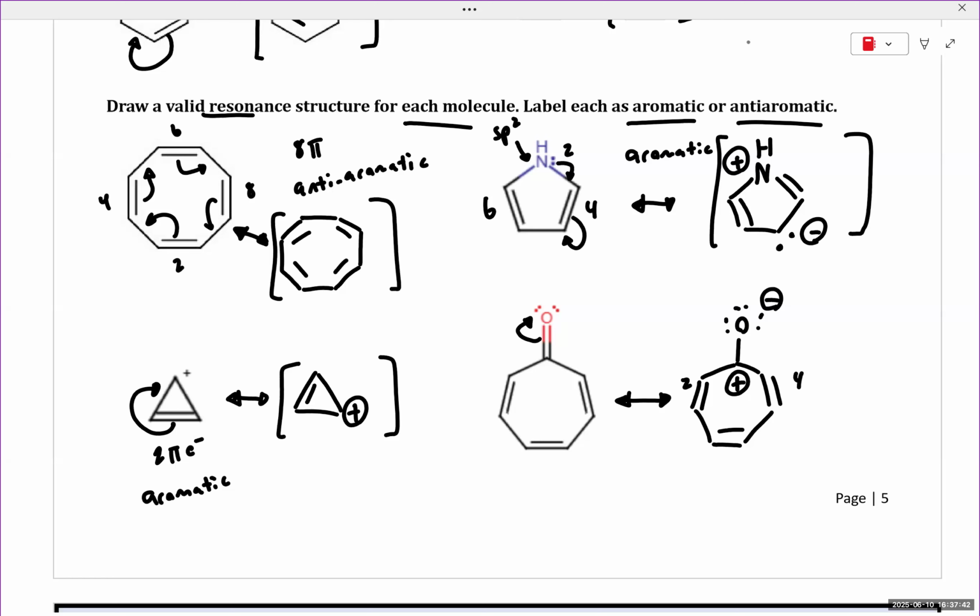We have 2, 4, 6, so we have 6 pi electrons. This would be an aromatic compound, or at least this compound has a lot of aromatic character. You can take this one step further and redistribute the pi bonds throughout this pi system to generate another valid resonance structure.